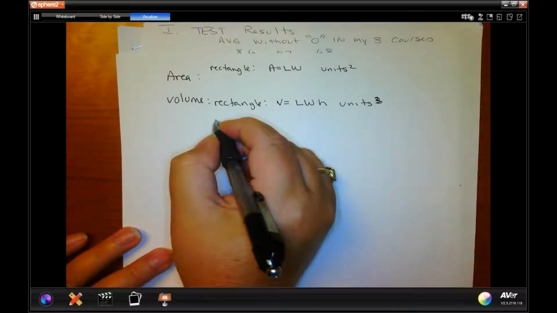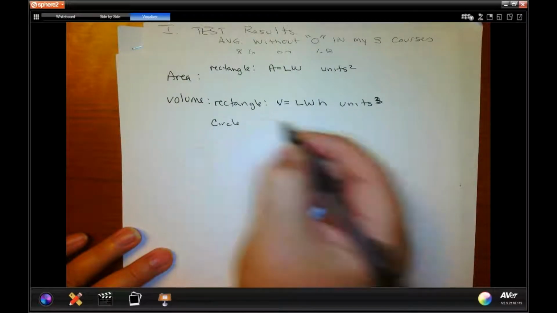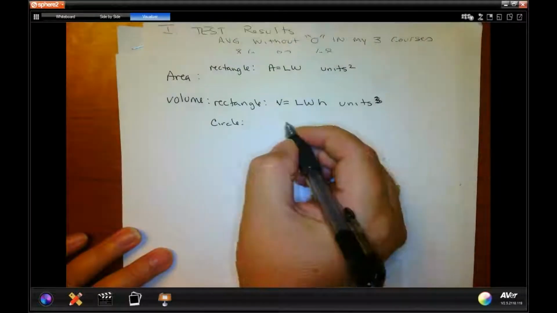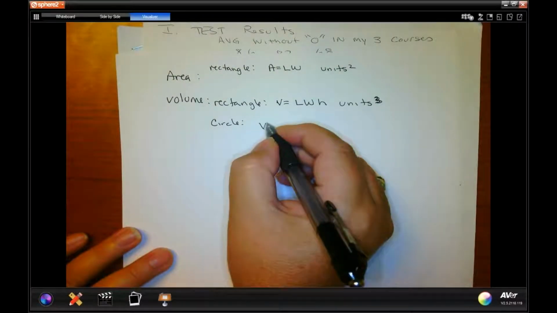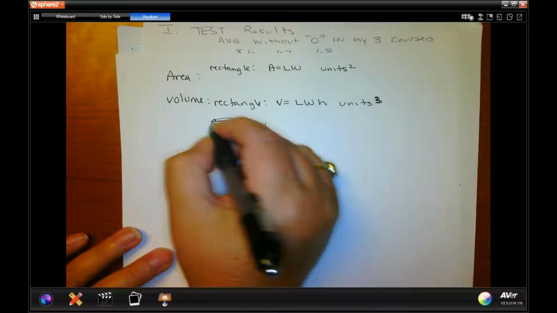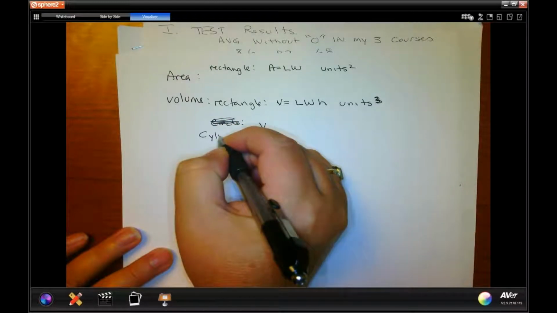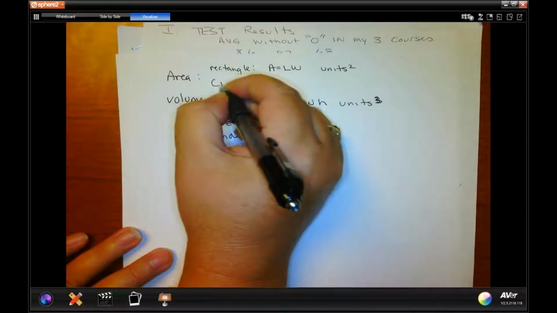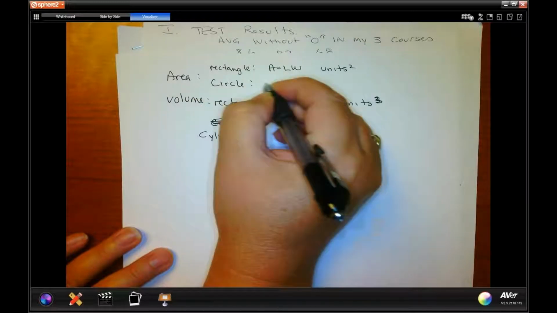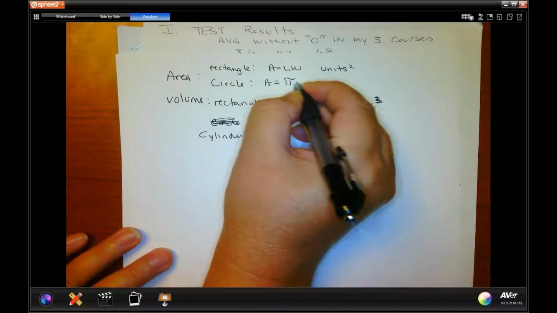Okay. And here's the one that a lot of you may have forgotten, the circle, which would be a cylinder. Area is pi r squared.